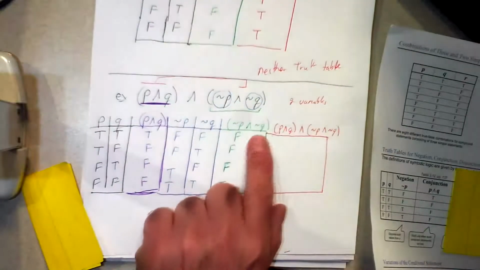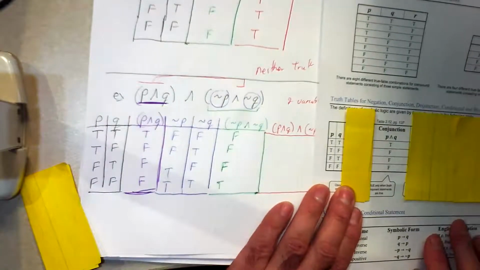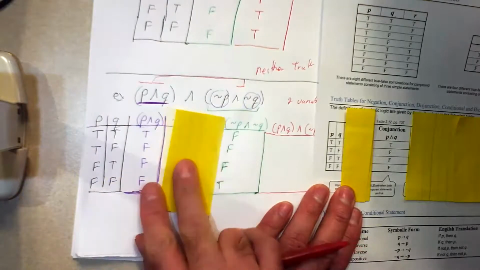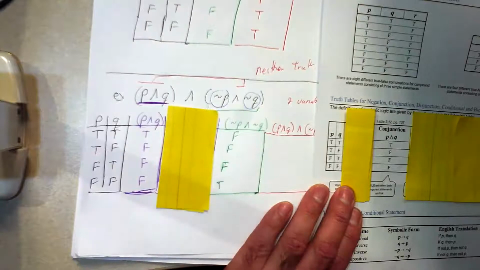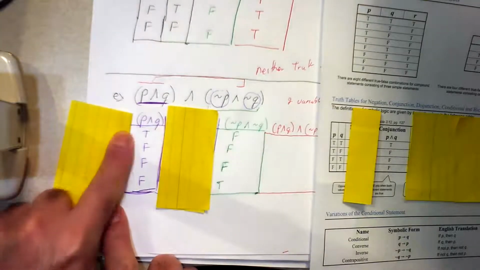So there's my connector again. It is the conjunction. Right. And now I'm going to compare, oops, I didn't cover it up. Purple and green. We got to cover up the other ones, and I'm going to do purple and green, purple and green, purple and green. All right. So here's the purple and green.